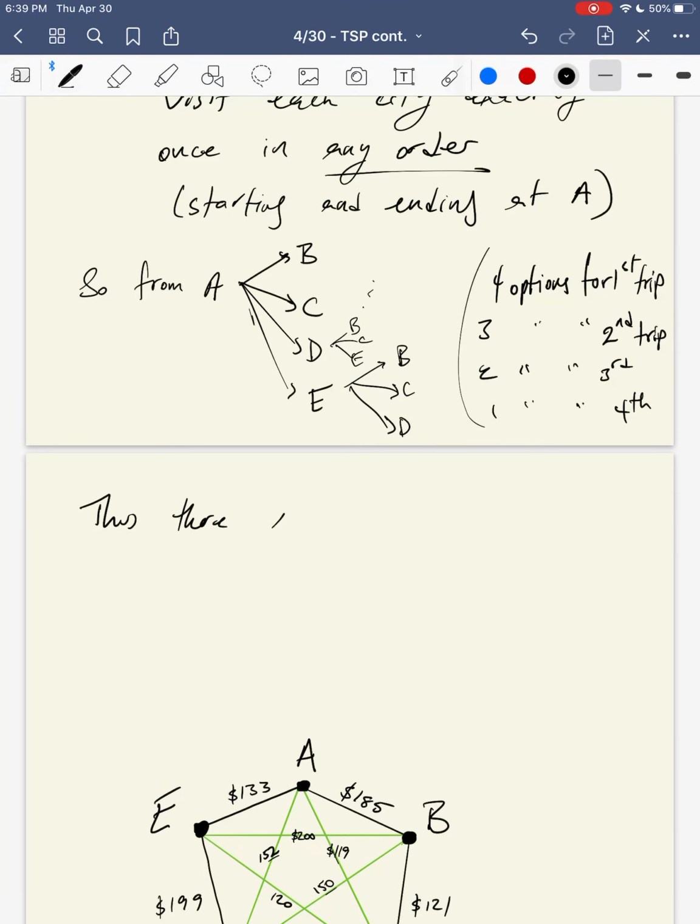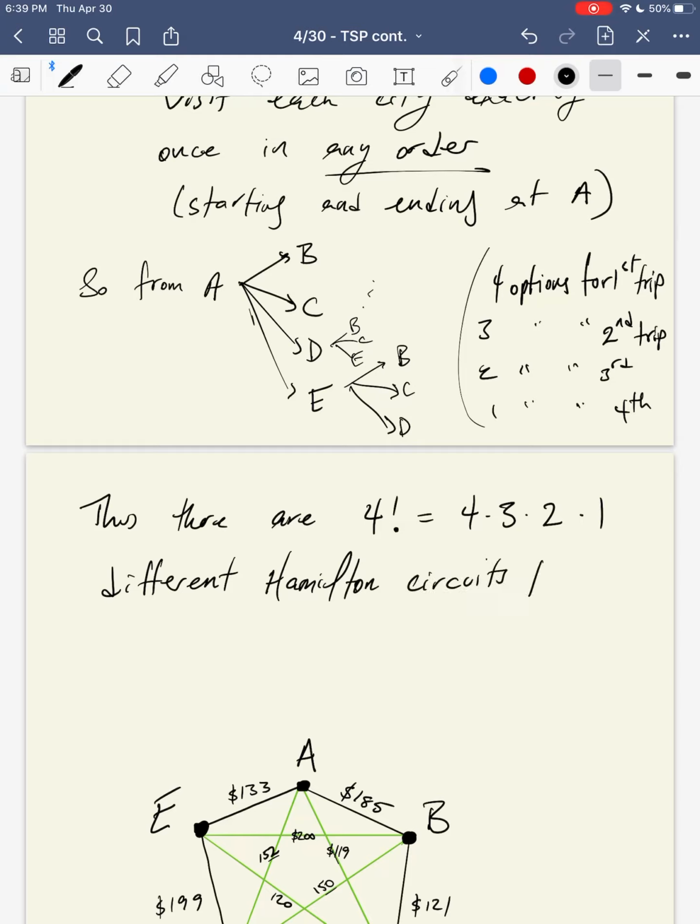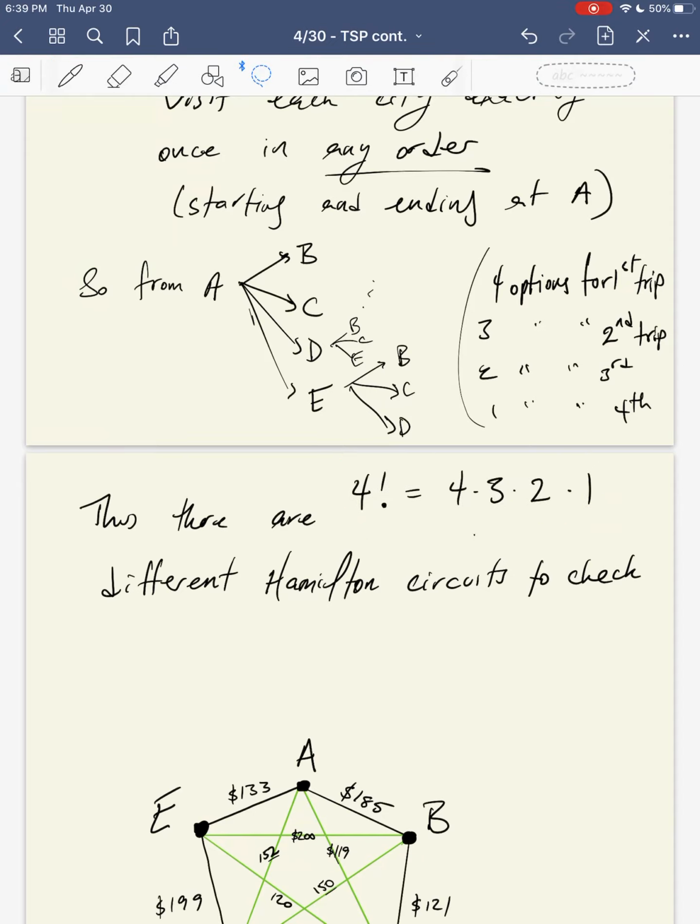So in total, there are 4 factorial, equal to 4 times 3 times 2 times 1, different Hamilton circuits to check. How many is this? Oh, I should have written that. So 4 factorial is 4 times 3 times 2 times 1, which is 12 times 2, which is 24. 24 different things to check.